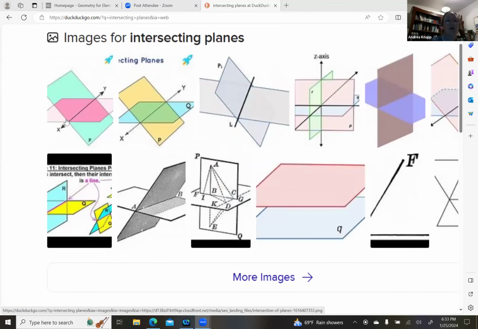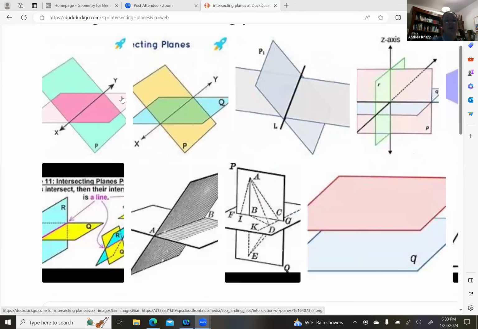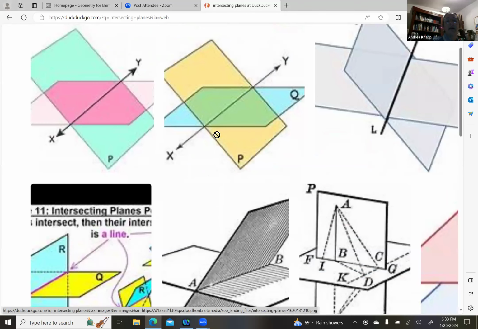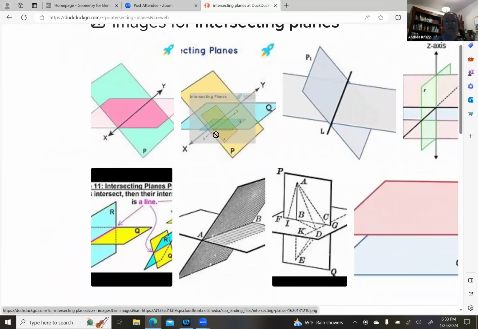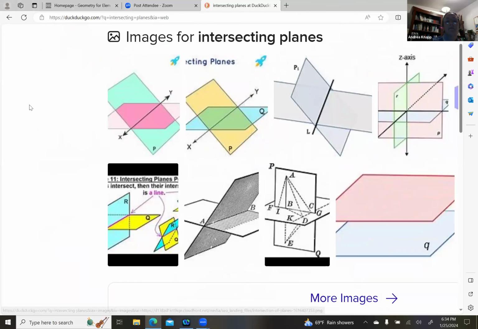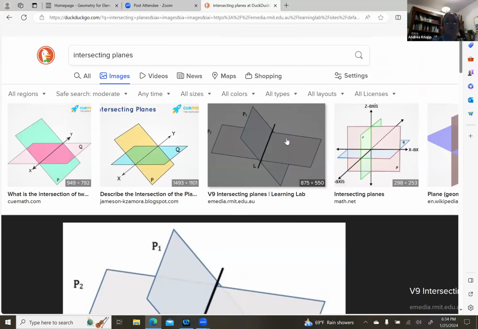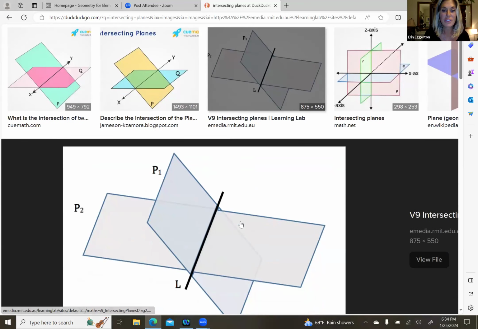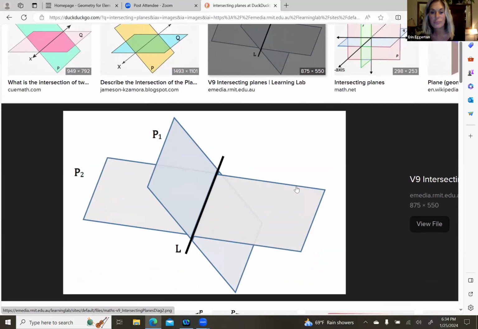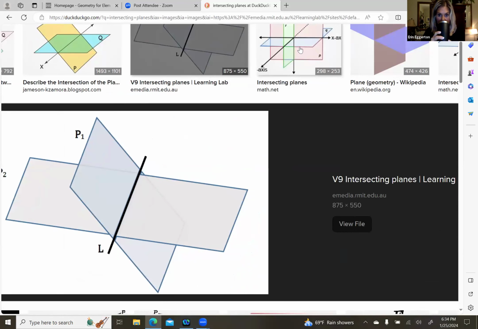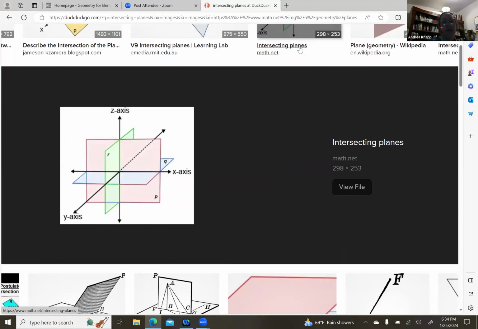So I want to show you this. It's really cool. Okay, here's a picture of 2 planes intersecting in a line. Okay, there's a picture of 3 planes intersecting in a point.